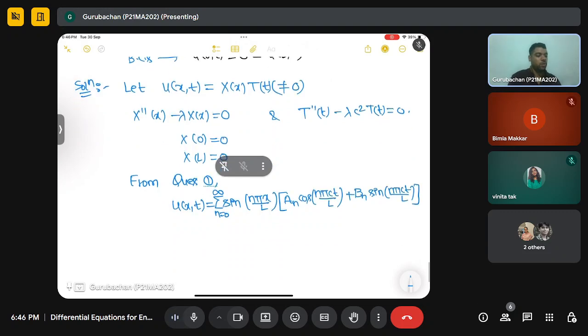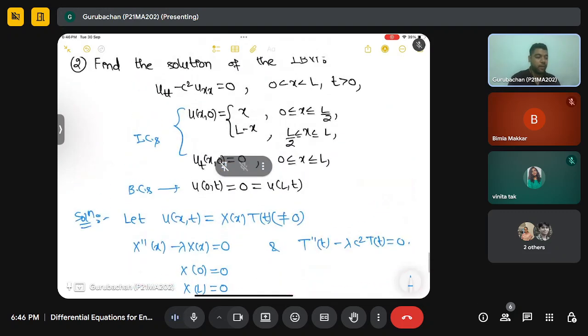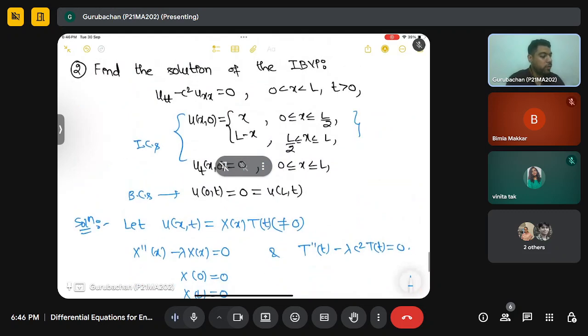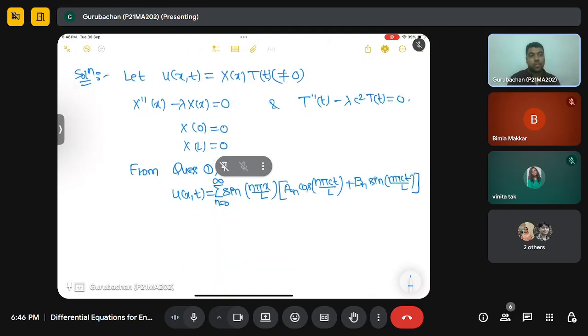So this is your u(x,t). Now what is the difference here? We have been given a different, piecewise continuous function as the initial condition. We have to utilize it to calculate the values of a_n and b_n.